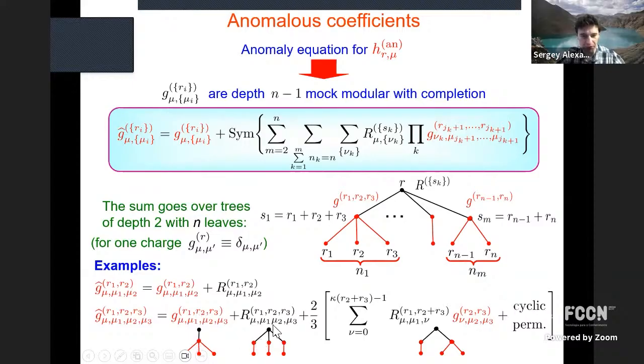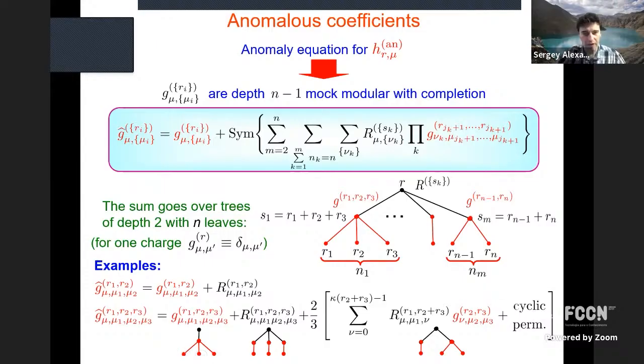This tree corresponds to this term, because all factors here correspond to deltas like this. And finally, there are two trees of this form which are related by mirror symmetry. This explains the coefficient 2 here. You see that there is one factor of R and one factor of G corresponding to this vertex, whereas here the factor is delta. So these are the equations which we now need to solve somehow.